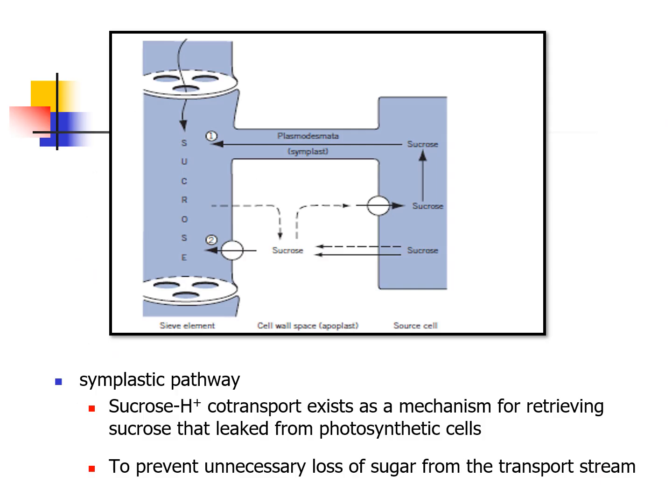For those plants exhibiting the symplastic pathway of phloem loading, the sucrose hydrogen ion cotransport may exist as a mechanism for retrieving sucrose that leaks from the source cell or from the sieve element, to prevent unnecessary loss of sugar from the transport stream.